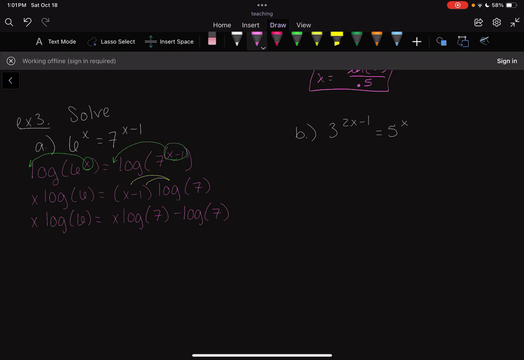So I'm going to move this x log 7 onto the other side. So I get x log 6 minus x log 7 equals negative log 7.